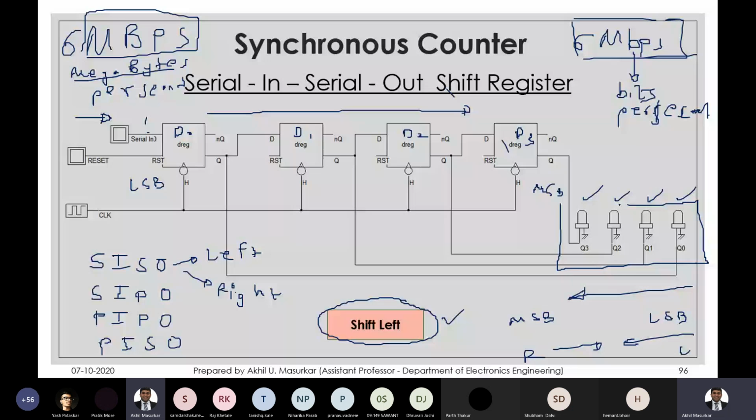So this is your register, Q3, Q2, Q1 and Q0, and your bits are entering at Q0 and coming out at Q3. Though the bits move through the flip-flops from D0 to D3, we are looking at the output from Q3 to Q0. I hope this has solved the query in your mind.